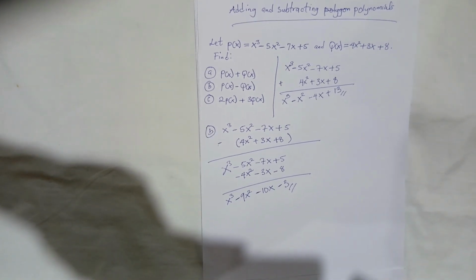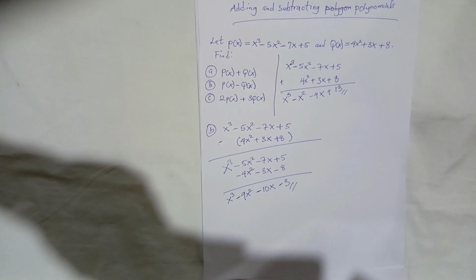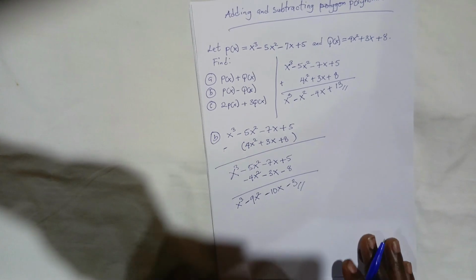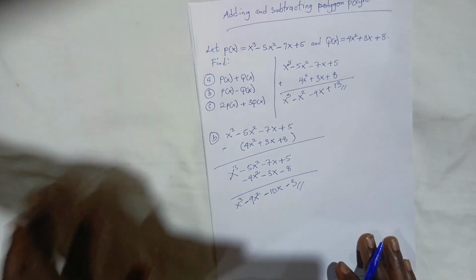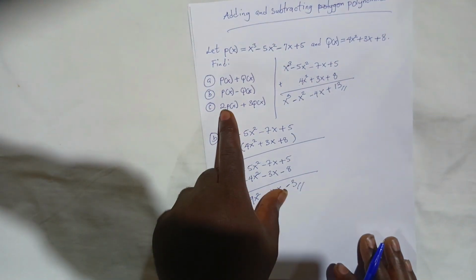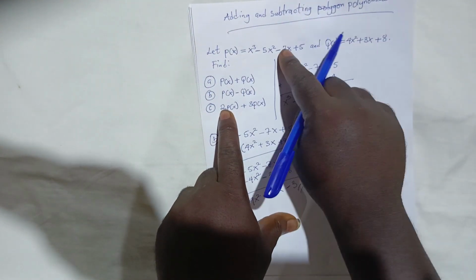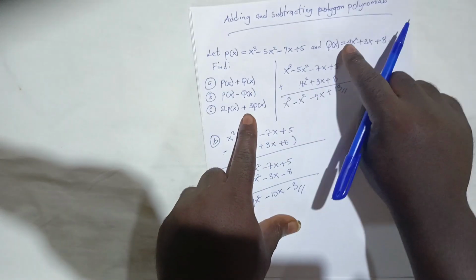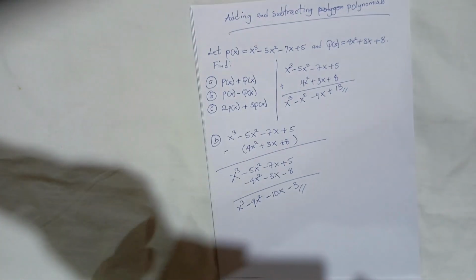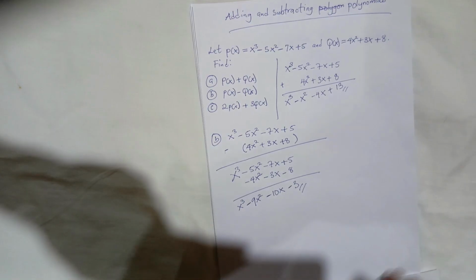Now let's look at the last problem, the C. In solving for C in this problem, we're going to have 2 being multiplied by the entire expression and 3 being multiplied by the entire expression before adding them. So let's do that.